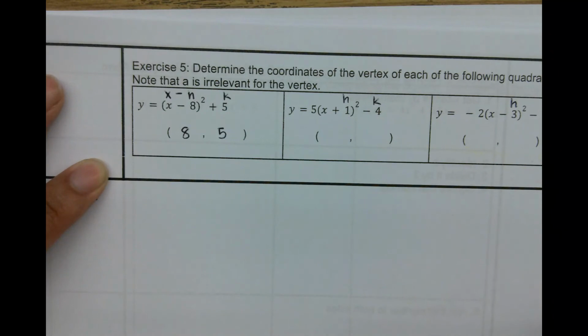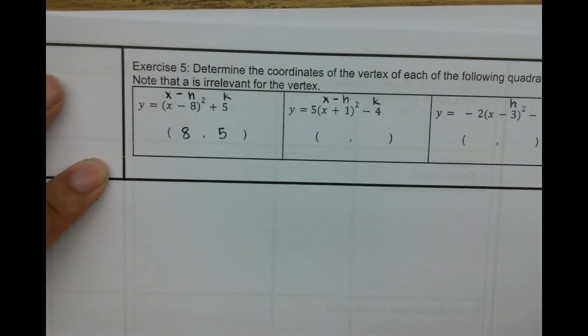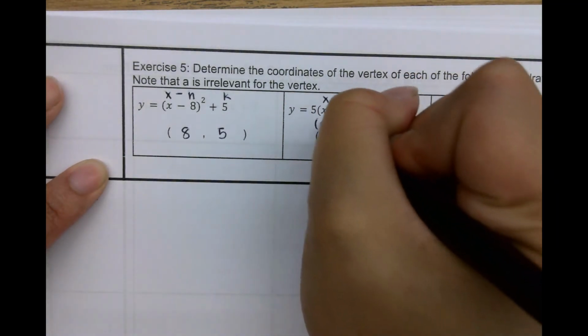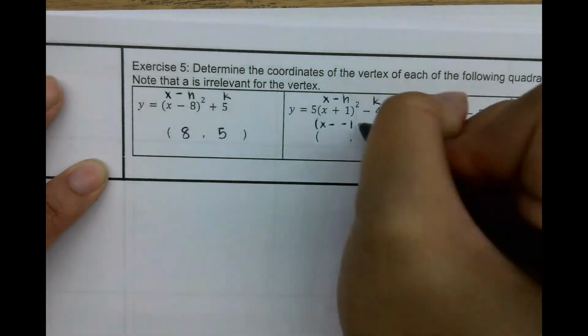This one, since vertex form is x minus h, x plus 1 is really x minus negative 1.